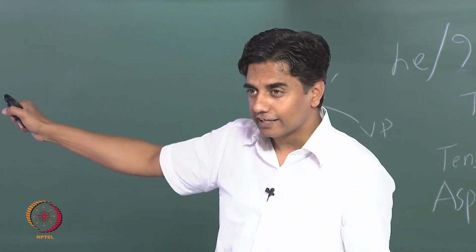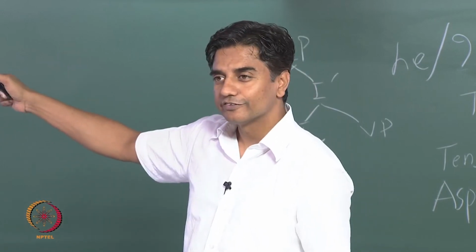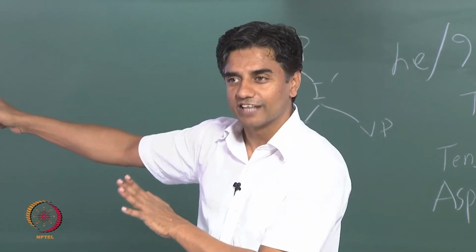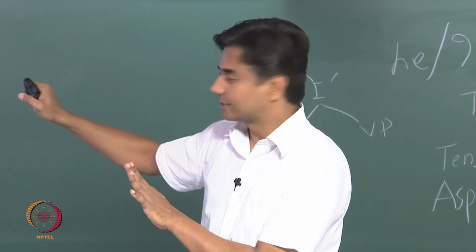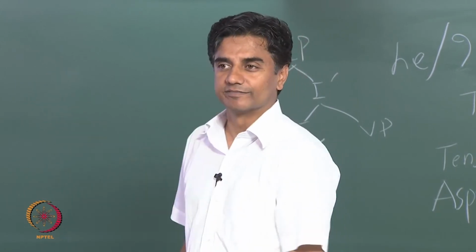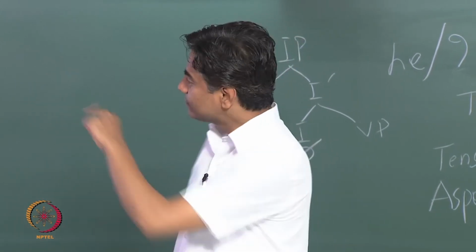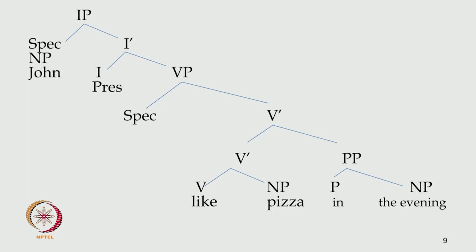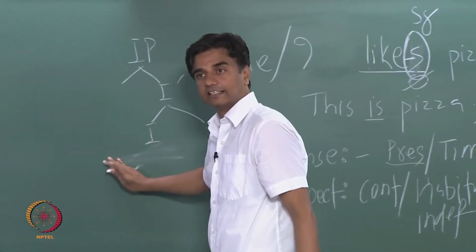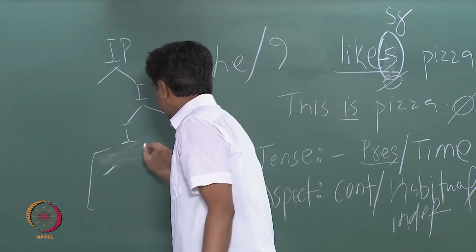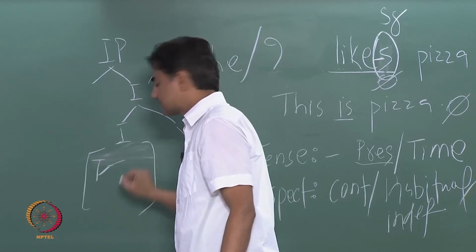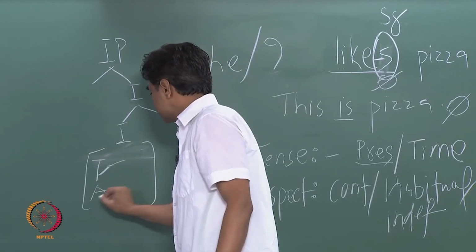And in this inflectional phrase, this is where we were stuck, and we want to come back to this thing again. I have put only present. So it seems like inflection only means tense, right? But one can always put in the place of inflection I the whole bunch of features, tense, aspect, and agreement.